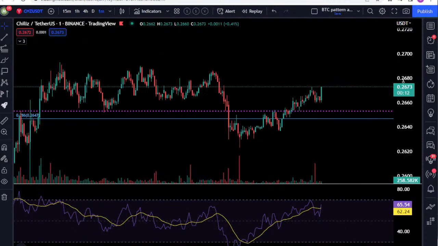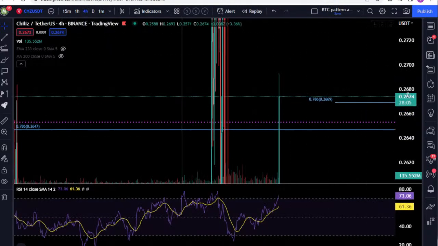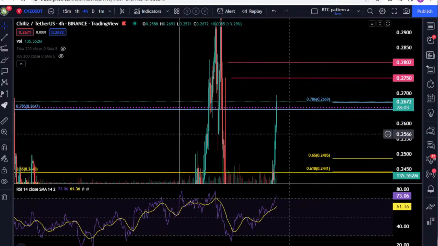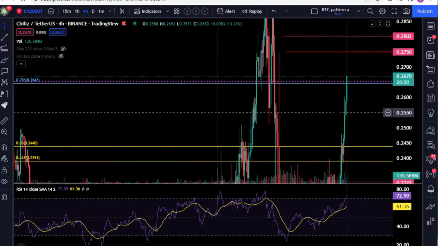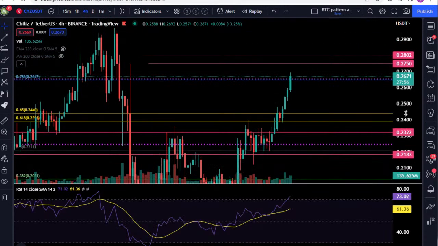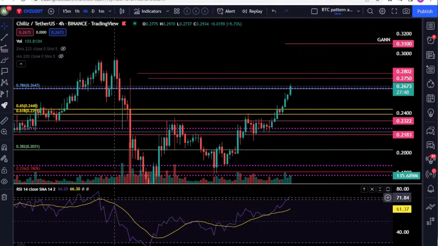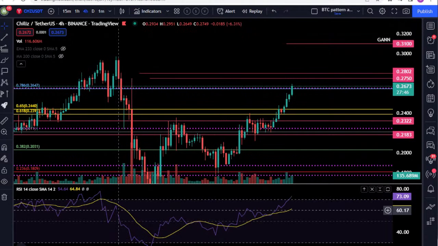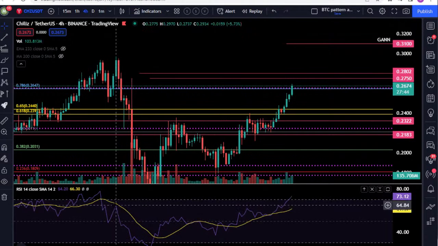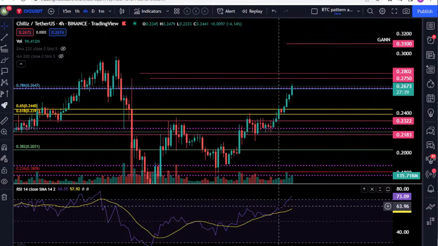We might be going to that zone that I have marked out. If you look at Chili's over here, we sort of have it on the 4 hourly divergence between this point and this point.